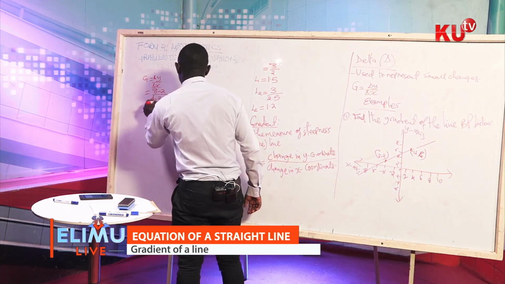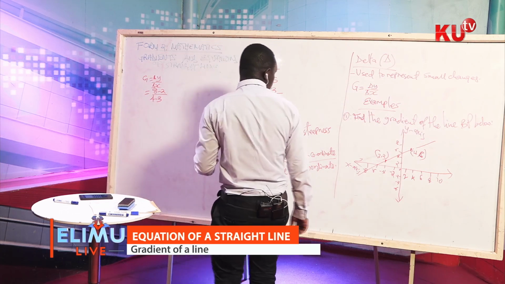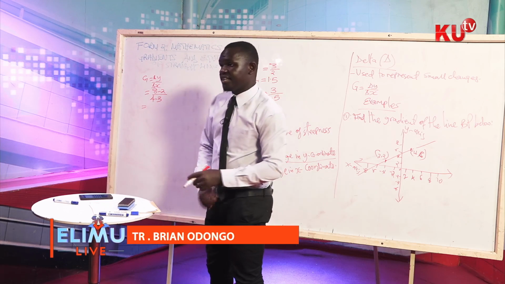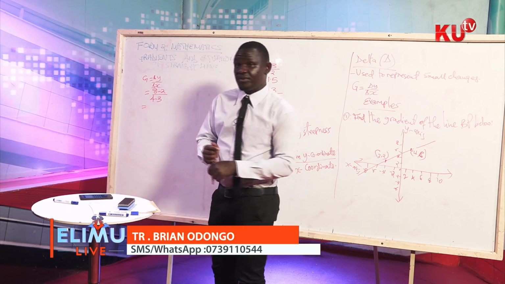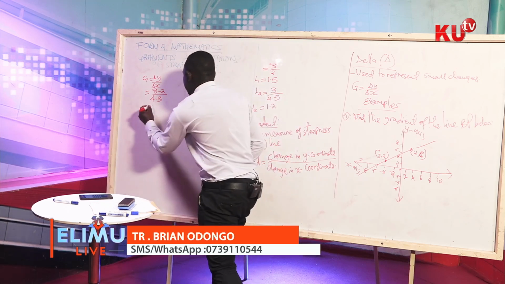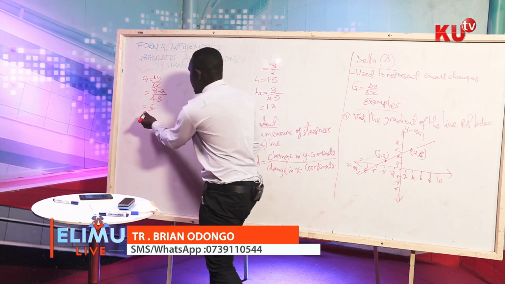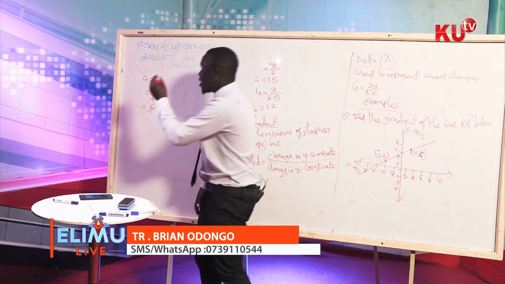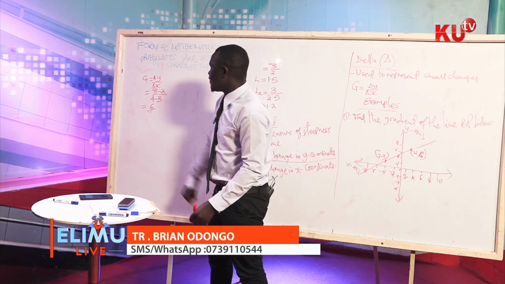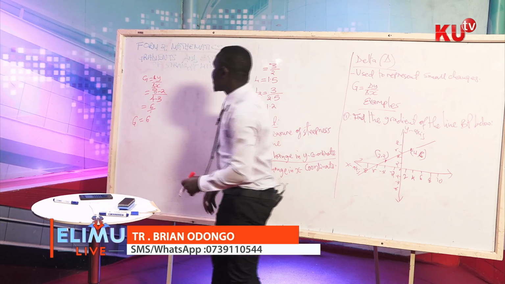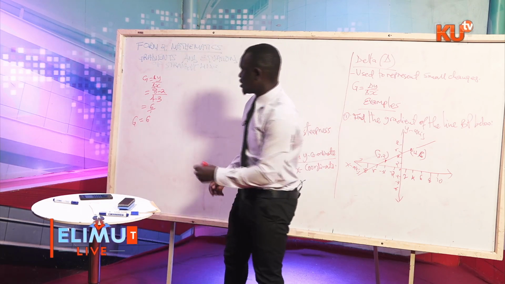So this is 8 minus 2 in your calculator, gives you 6, over 4 minus 3 gives you what? 1. Yes, students. So 6 divided by 1 is giving you 6. So you realize that the gradient of that line is 6.